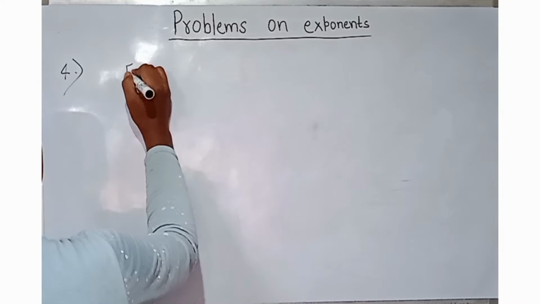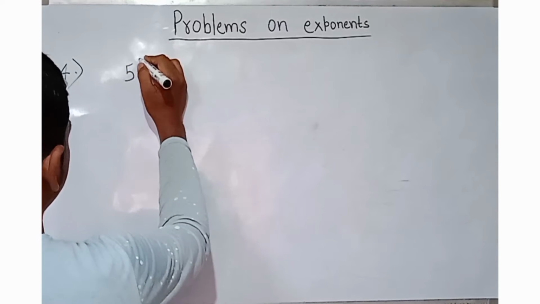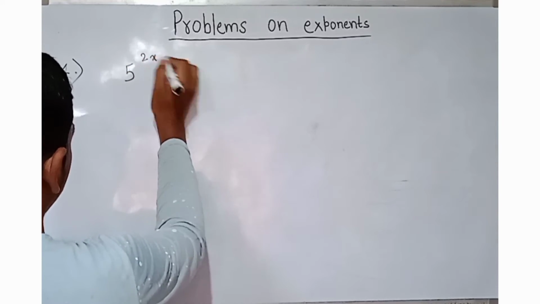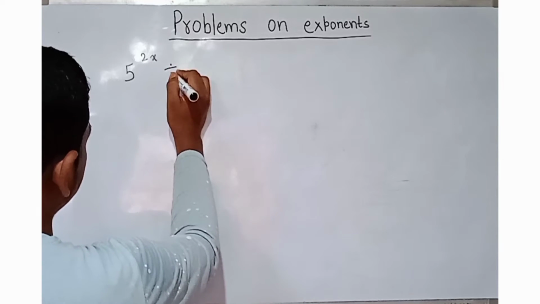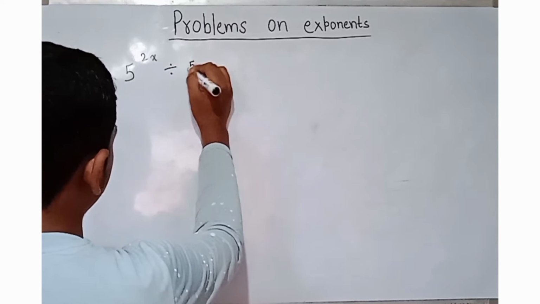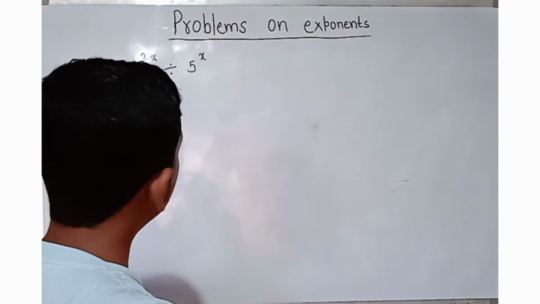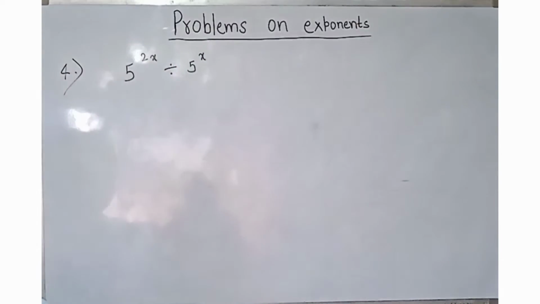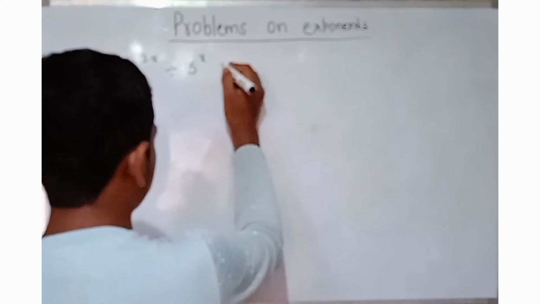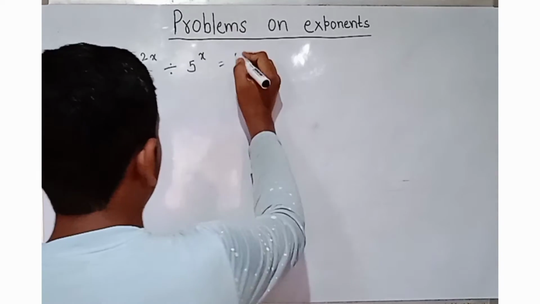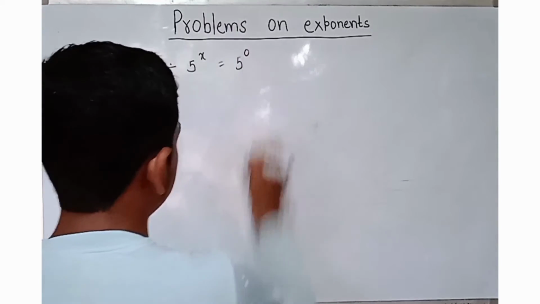Suppose it's 5^2x divided by 5^x is equal to 5 power 0.